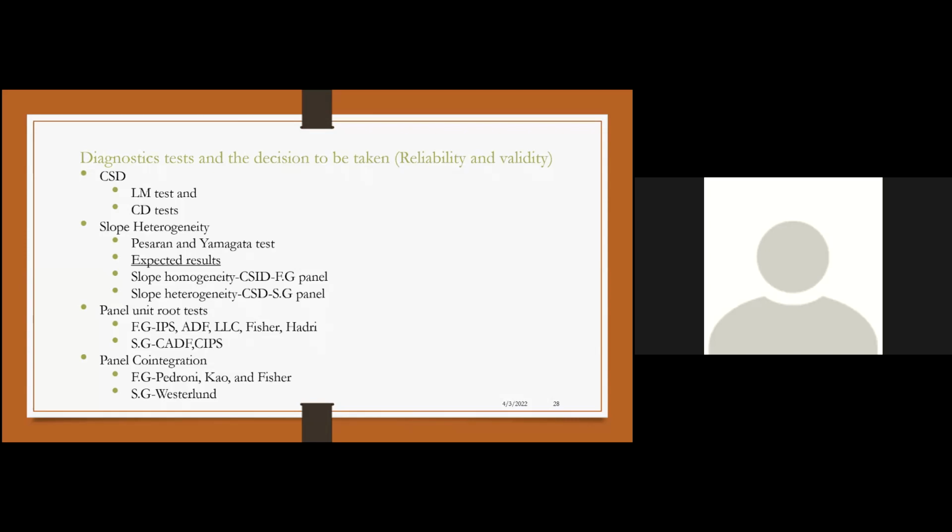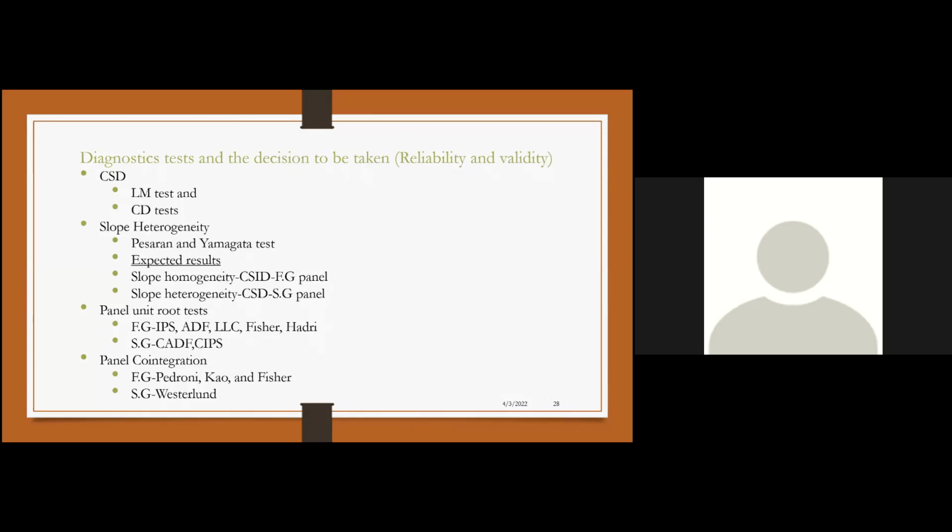So the first step in cross-country panel studies is to conduct a cross-sectional dependency test. For this one, we will use the LM test and the cross-section dependency test. The result that comes from there will tell us where to go. Then we will be in a position to look at slope heterogeneity, which uses the Pesaran and Yamagata test.